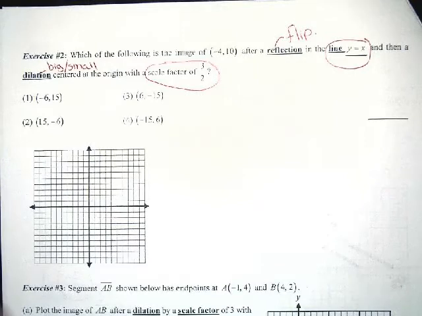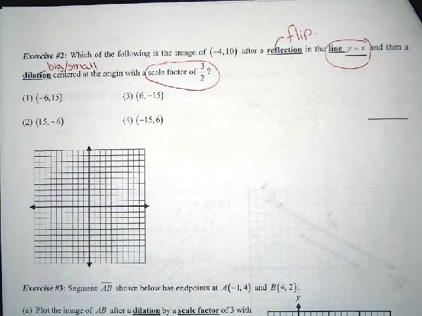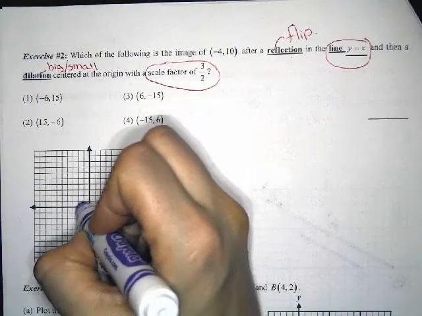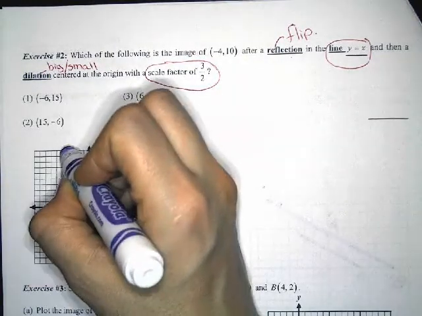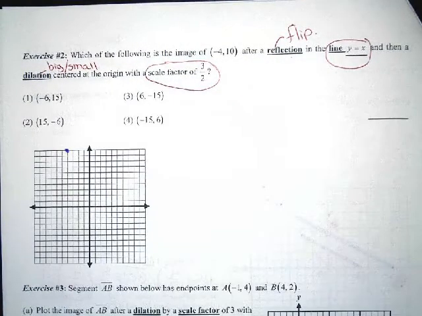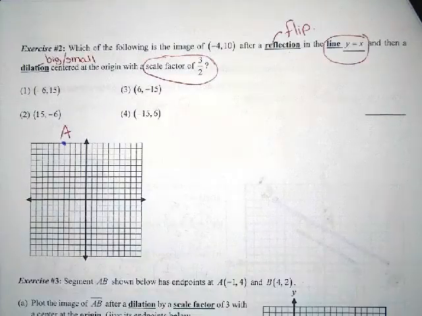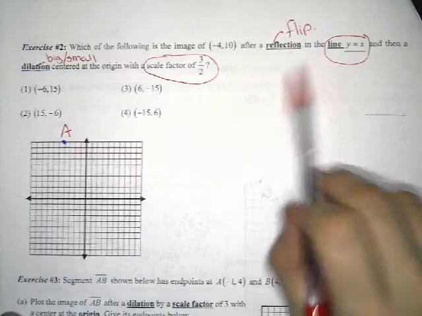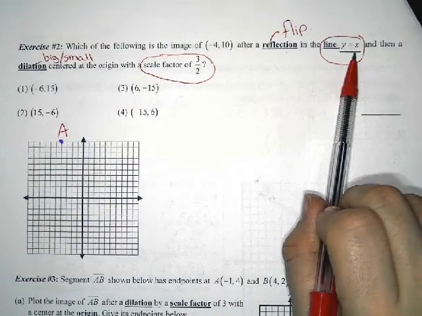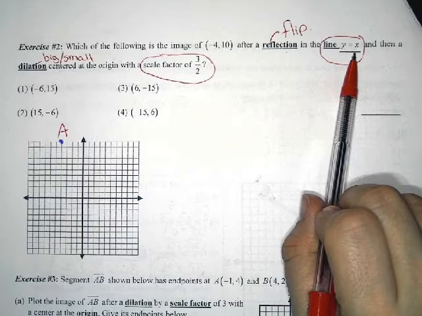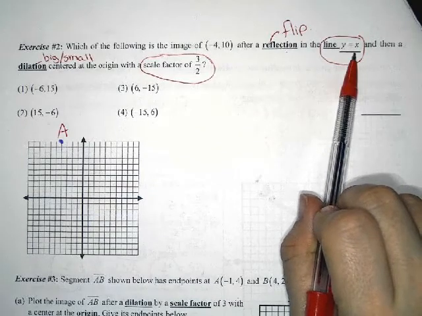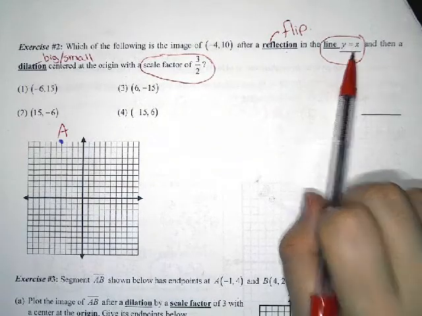Okay, so first things first, I'm going to plot this point for negative 4, 10. There it is. I'm going to give it a label just so that we don't get confused. Now I need to reflect it over y equals x. So you have to remember y equals x is a diagonal line through the origin with a slope of 1, 1.